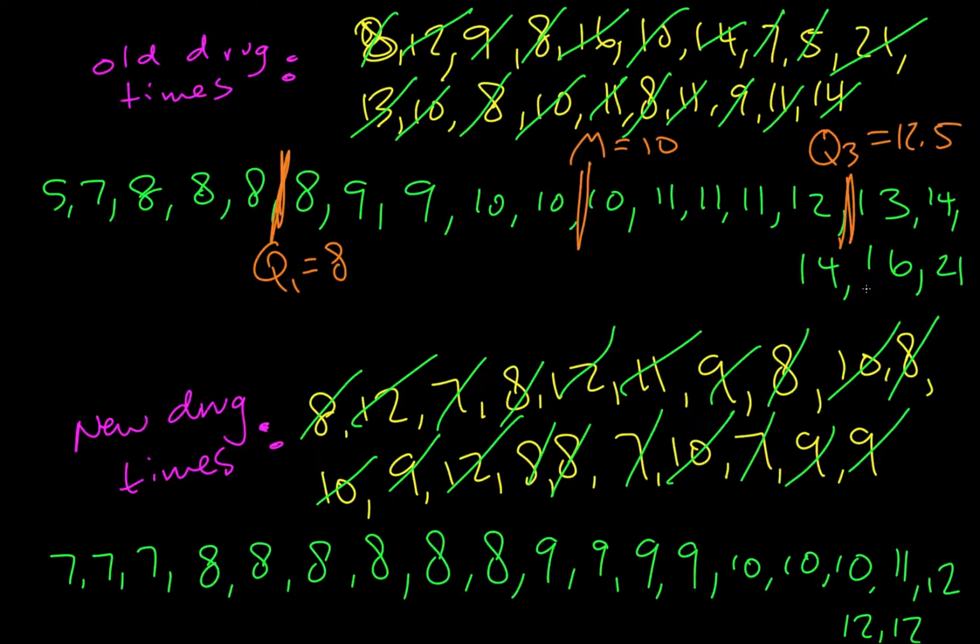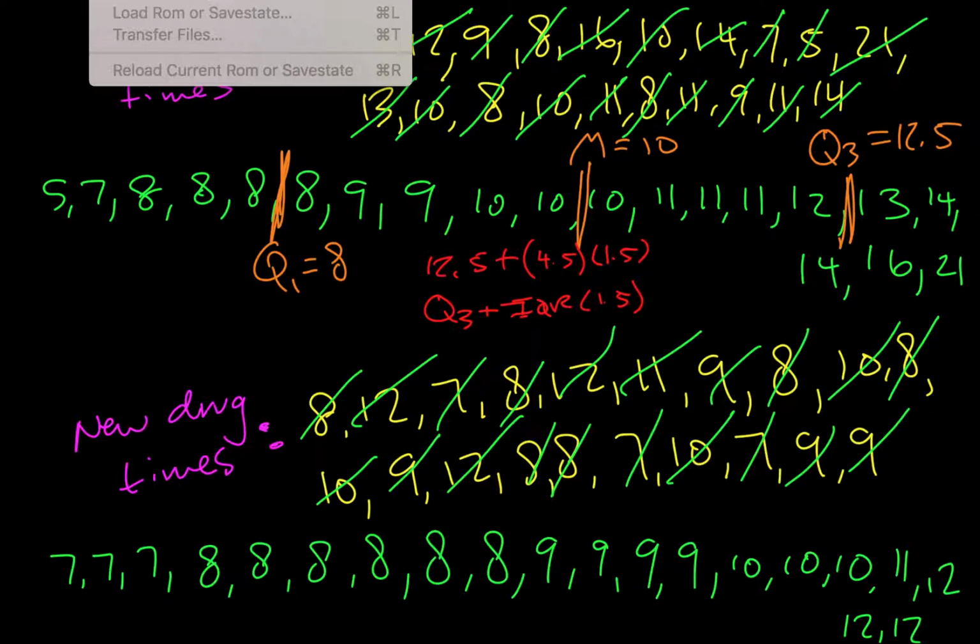All right, now we need to do our bounds. If we do the upper quartile, I guess we'll do these in red. IQR times 1.5, and then Q3 plus that. So we're going to get 12.5 plus the IQR, which is 12.5 minus 8, which is 4.5, times 1.5.